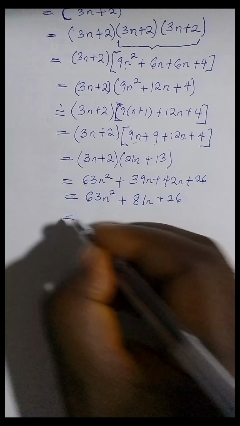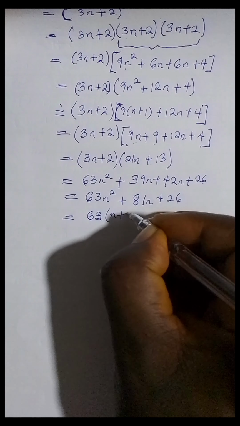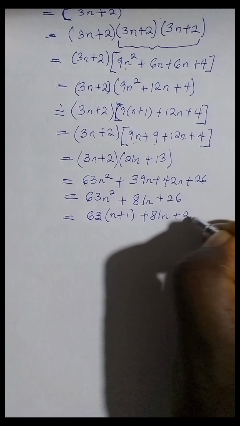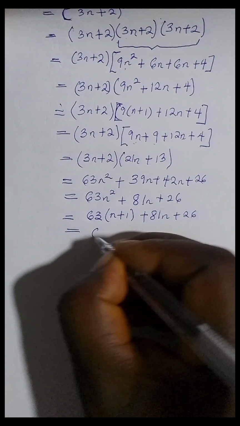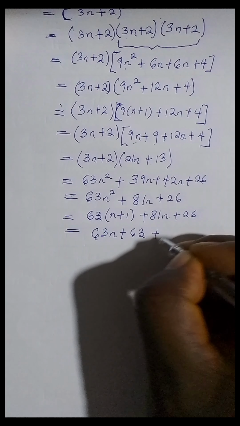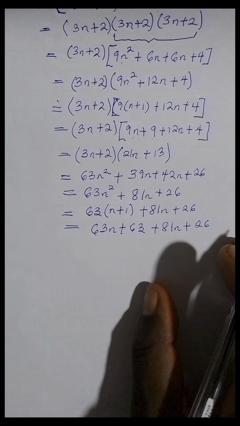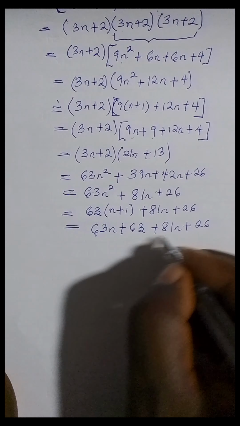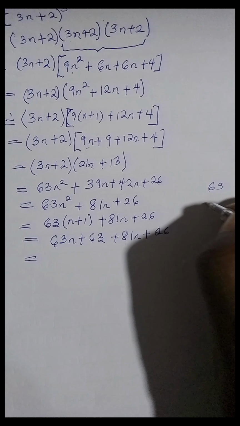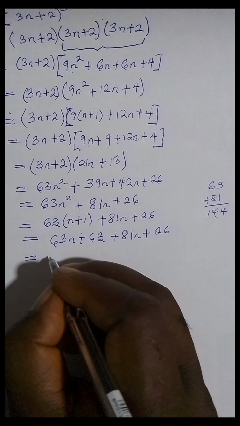So let's make the final substitution for n squared, which is n plus 1. We have plus 81n plus 26. So we have 63n plus 63 plus 81n plus 26. So we're going to add 63n plus 81n. 63 plus 81, that will be 144.